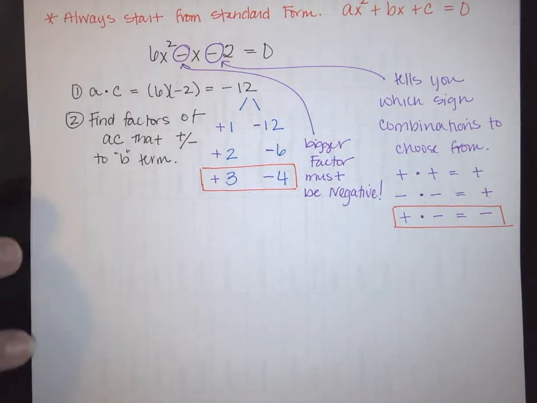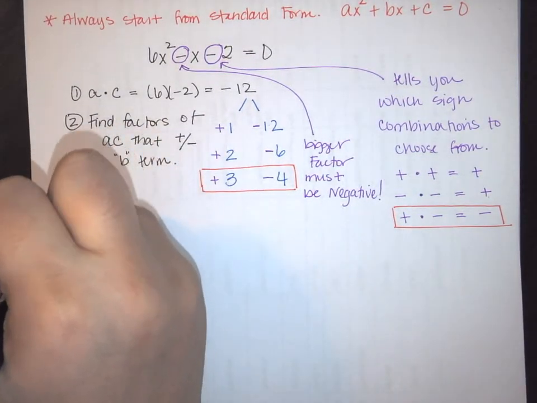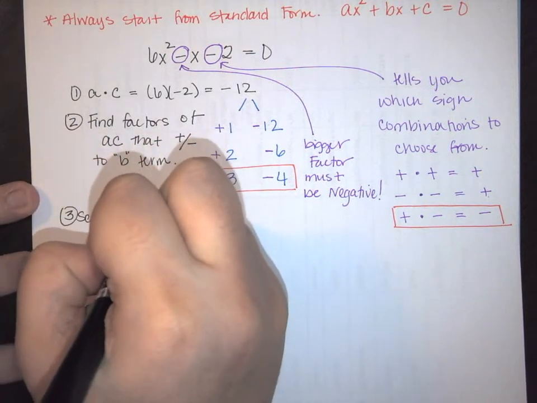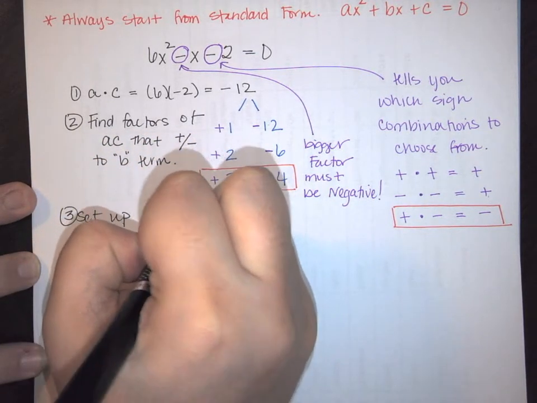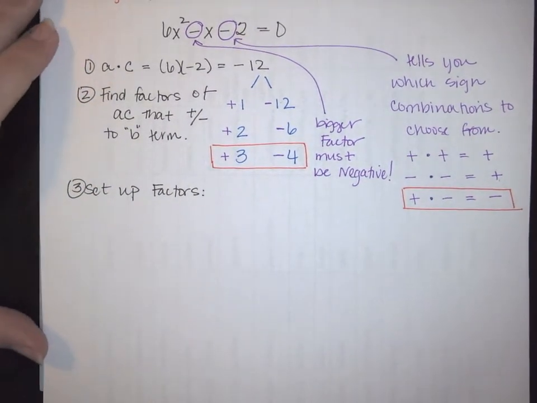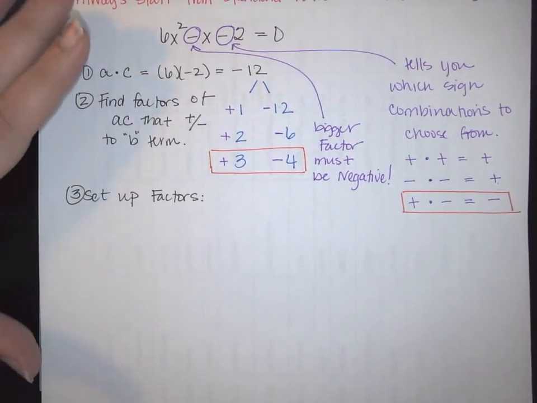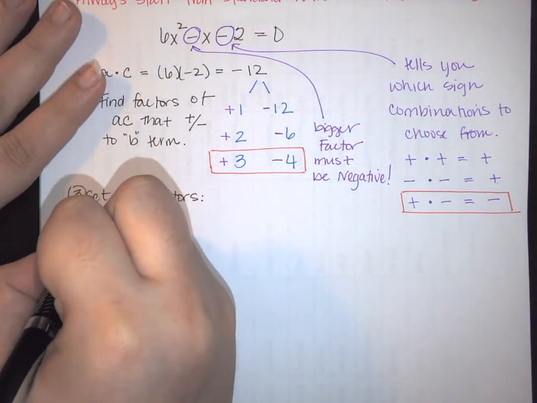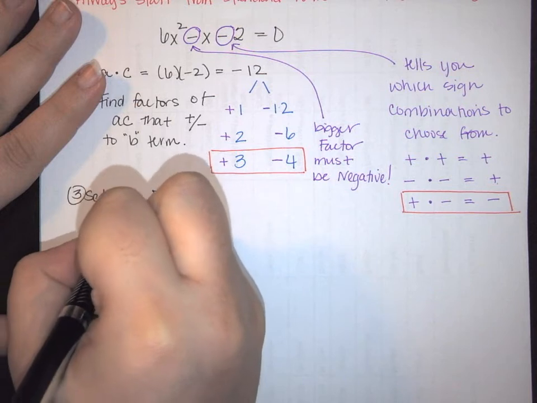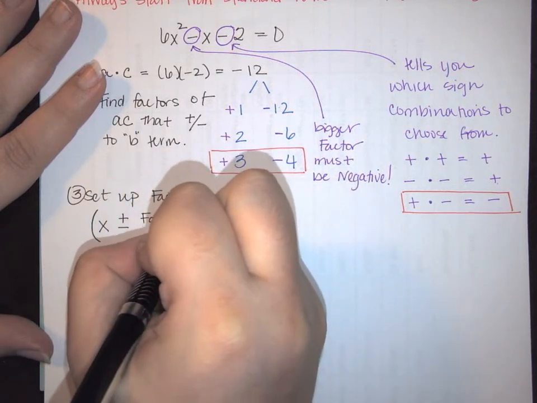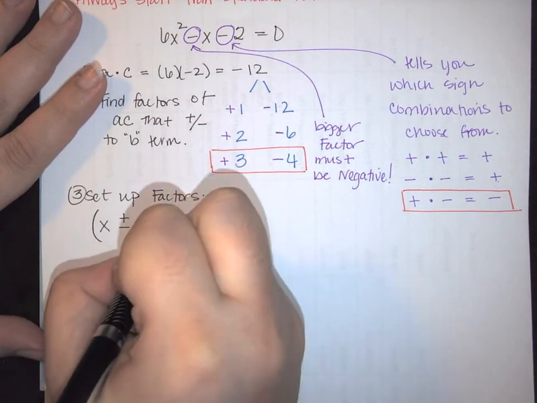After finding the factors, the third thing you're going to do is you need to set up your factors. Now we are going to use a form that's going to look a little bit bizarre, but it works really, really well. So essentially what we're going to do is we are going to set it up so that we have x plus or minus your factor value or number divided by the a term.